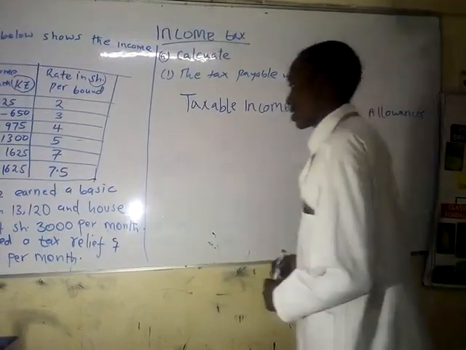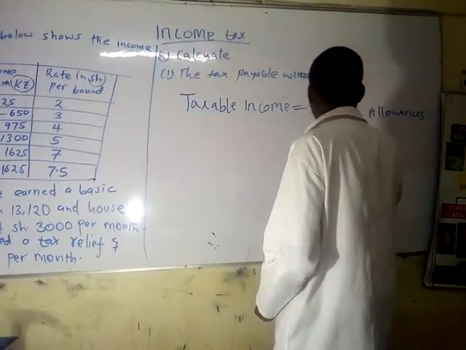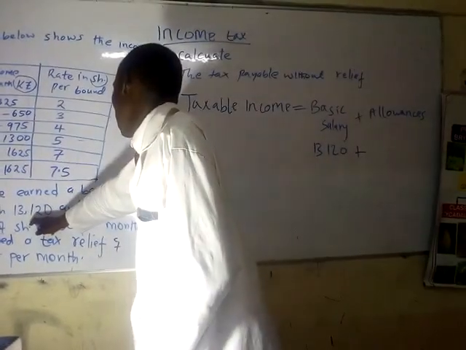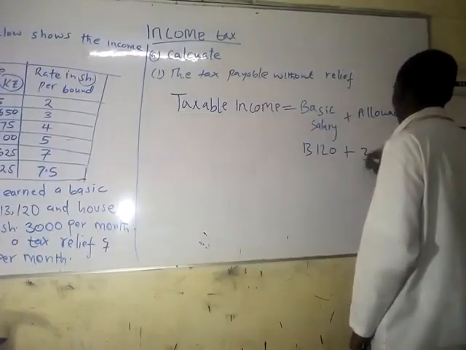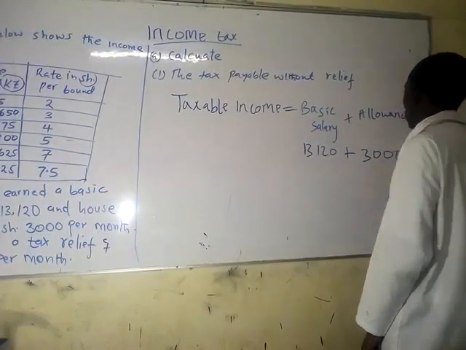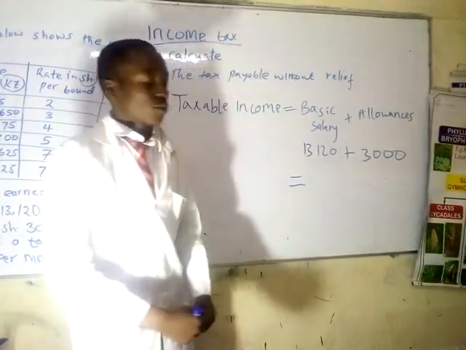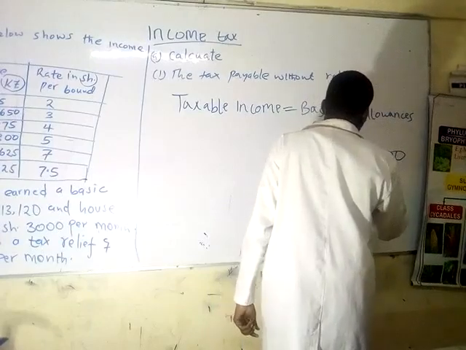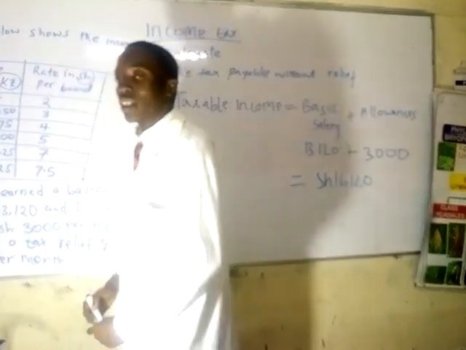In our case here, our basic salary is 13,120 and the allowance is 3,000 per month, so plus 3,000. When you add this, you get the taxable income, which is shillings 16,120.